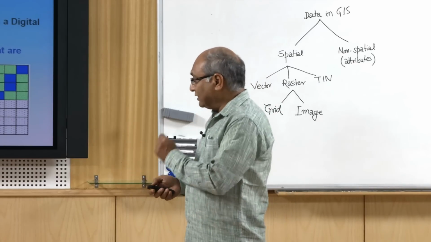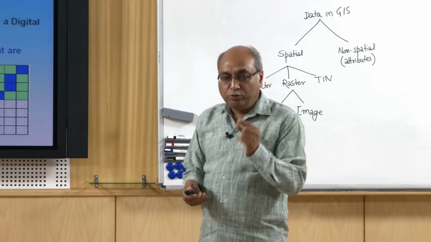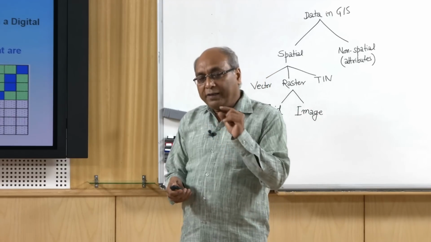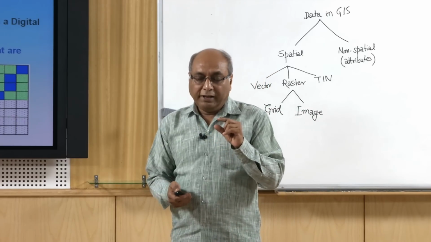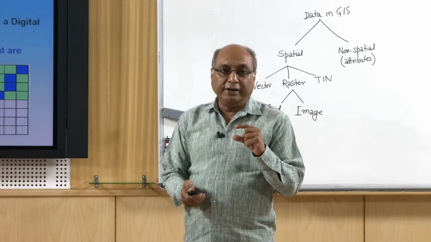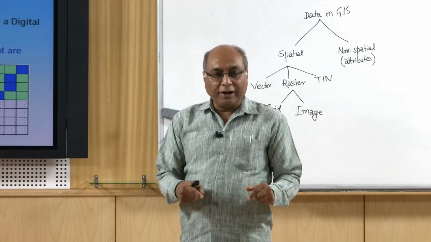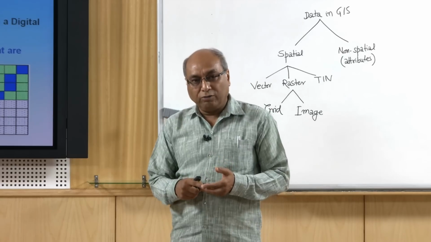This cell or pixel becomes the unit of our grid or raster. Another important thing to remember is that the shape of this unit has to be square. So the overall shape of a raster can be square or rectangular.